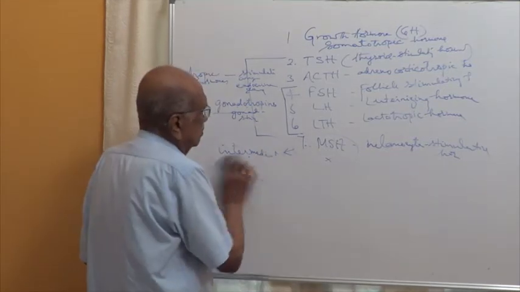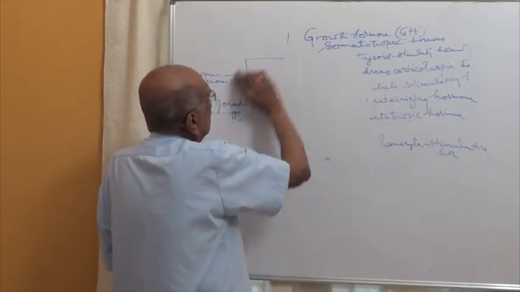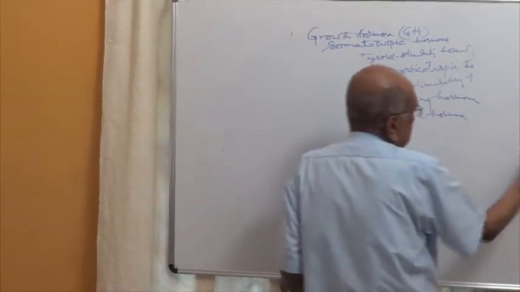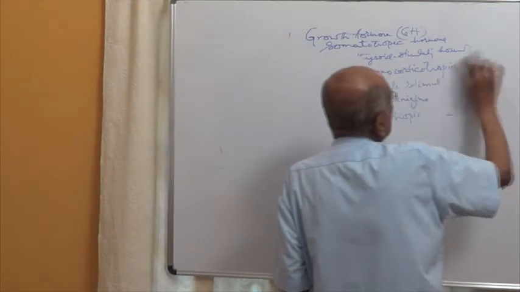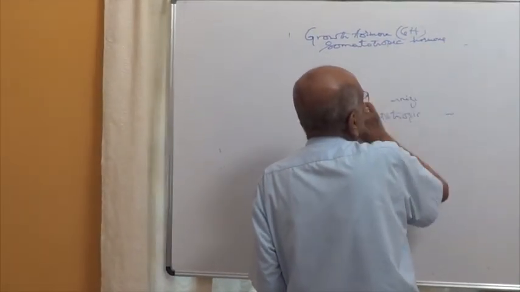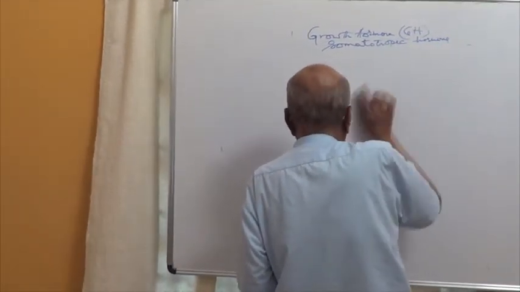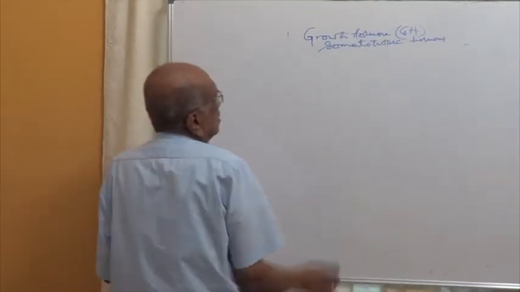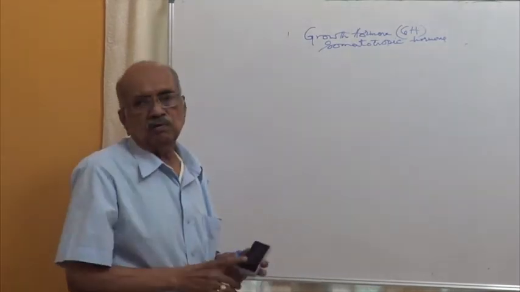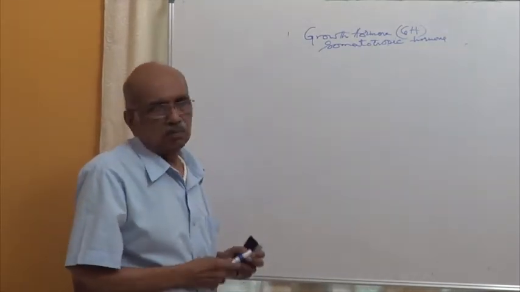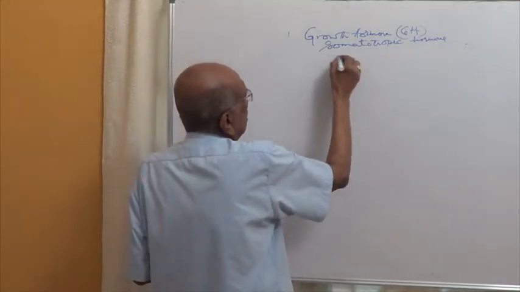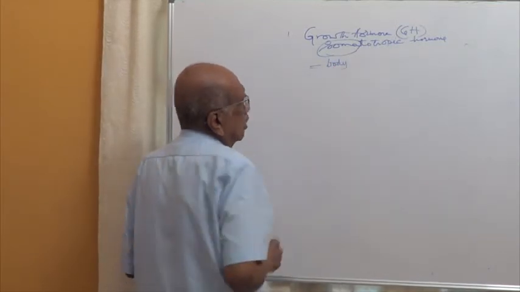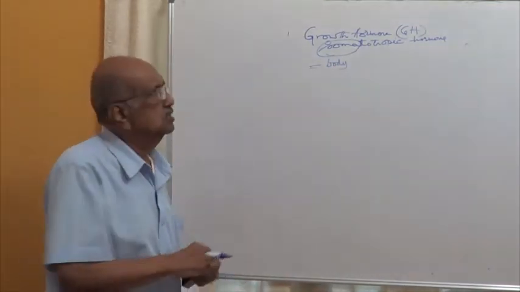So, let us take up the first hormone, which is a non-tropic hormone released by the anterior pituitary. Growth hormone, somatotropic hormone. Soma is the body. You have heard about somatic and germinal cells.